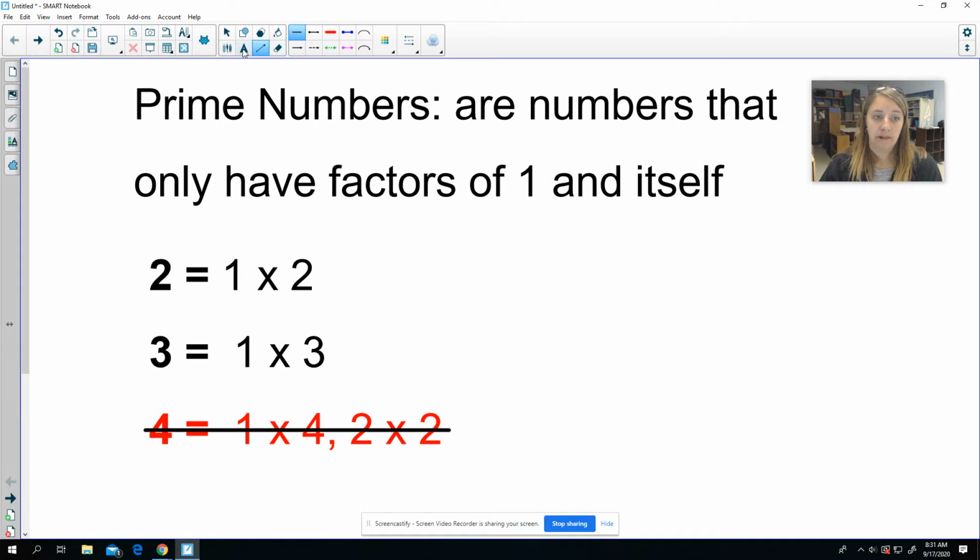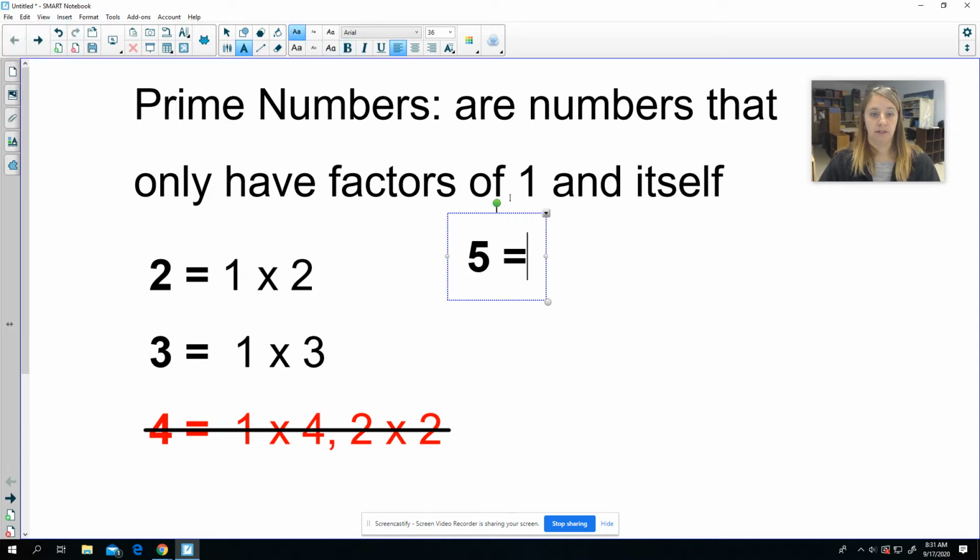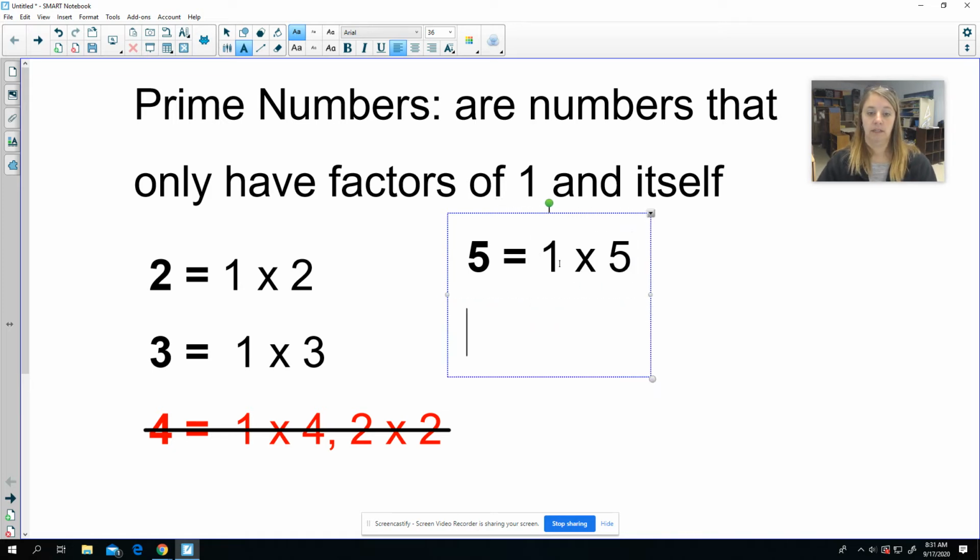So as we go through our list, next number would be 5. 5 is a prime number because the only 2 factors that make 5 are 1 times 5. 6. When we think about 6, there's 1 times 6, but there's also 2 times 3. So because there's another option of making 6, 6 is not a prime number. It is a composite number.